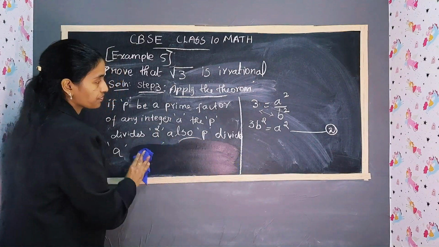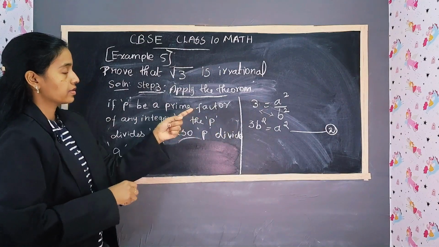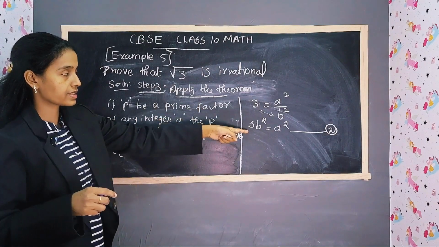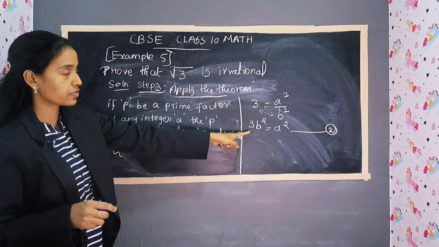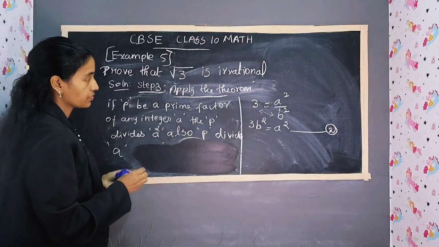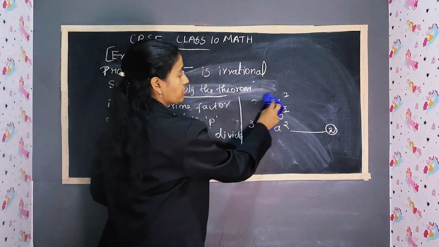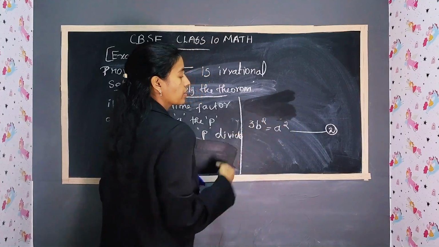That's the thing, right? From this statement, we know this. Now, that is the second step, right? From the second step only we are applying. In this second step only we are going to apply the theorem. So, again we can write the equation. I am taking the same thing.